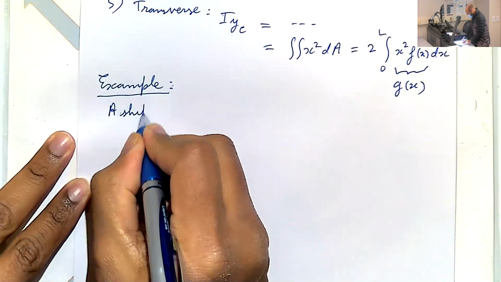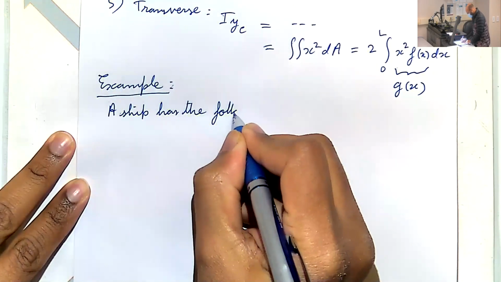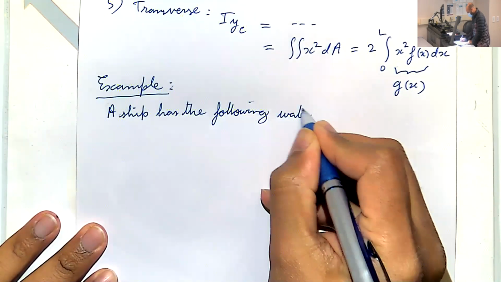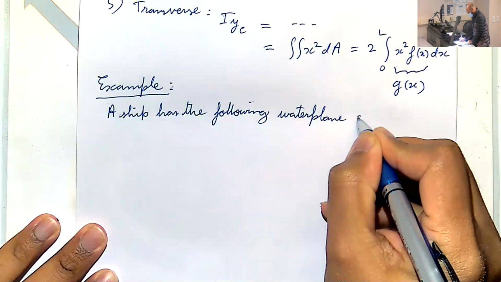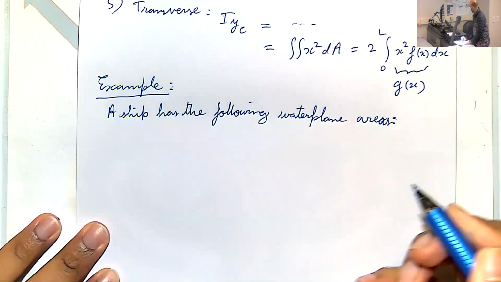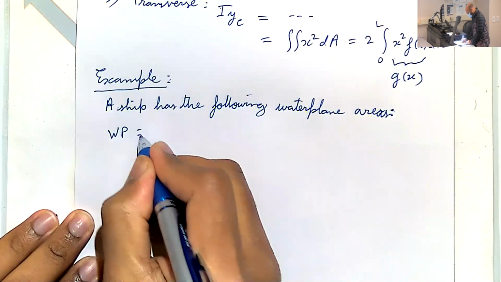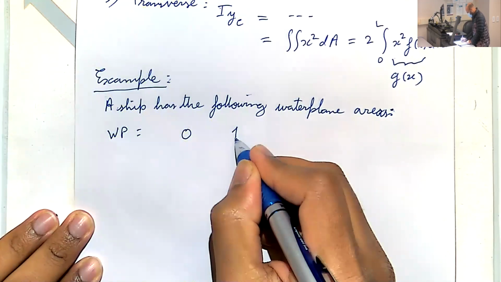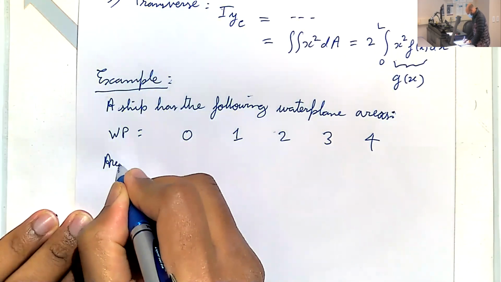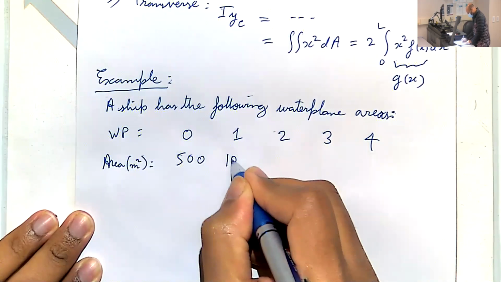Ship. Water plane areas. Okay, so we're given water plane level 0, 1, 2, 3, 4, and the corresponding area. 500, 1000.